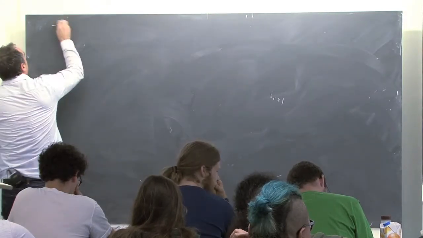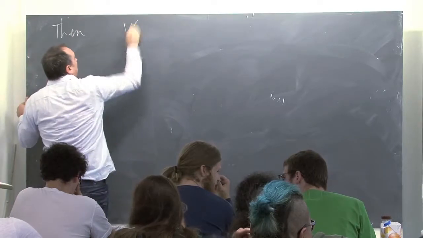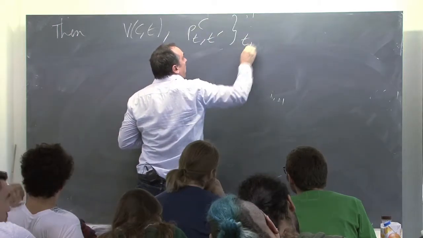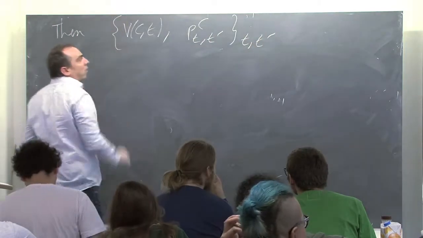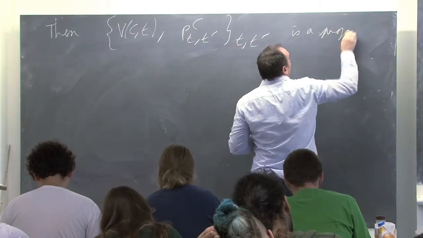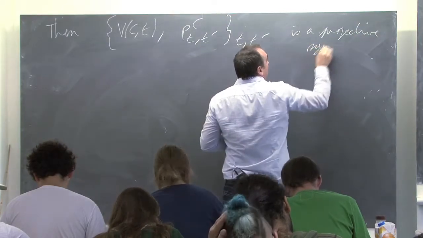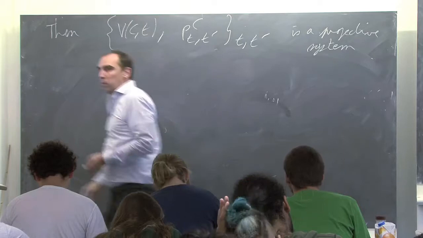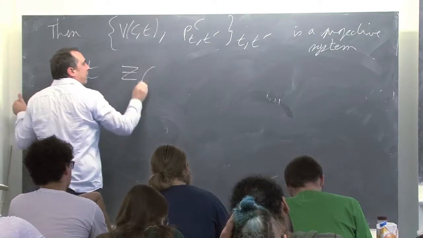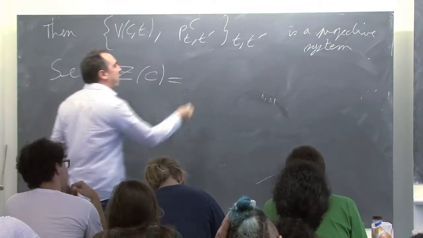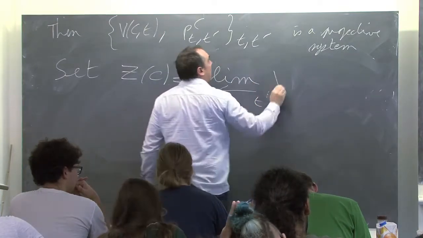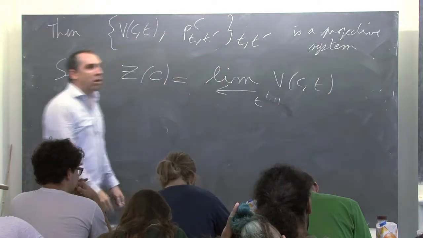So we finish then. V_{C,T} with P_{C,T,T'}, when T and T prime run along all the triangulations of C, is a projective system. And so we can take the projective limit and we define this vector space Z(C) as the projective limit over T of this system. In other words, what does it mean?